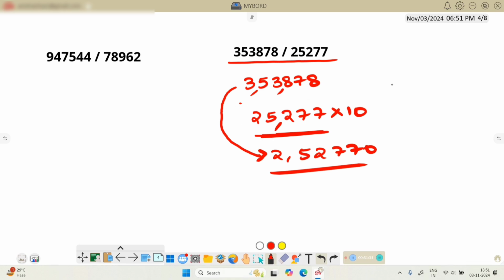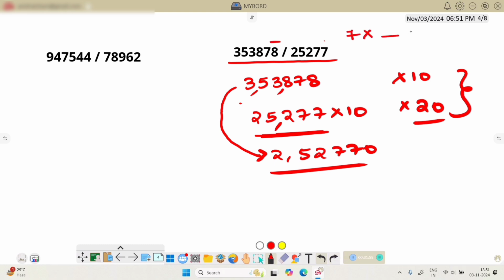So your answer will be between into 10 and into 20. Okay. And next our target is unit digits 7 and 8. So if you multiply with 7, the unit digit should come 8. For which number, if you multiply with 7, the unit digit 8 will come, you have to check. So 7 fours are 28.